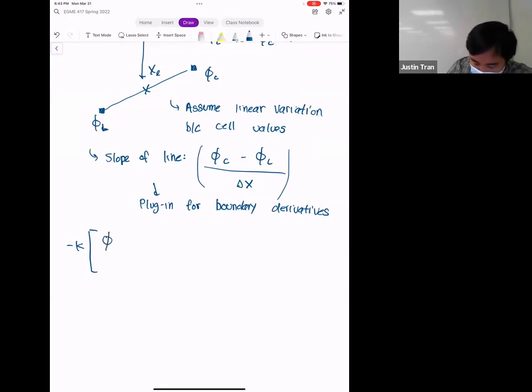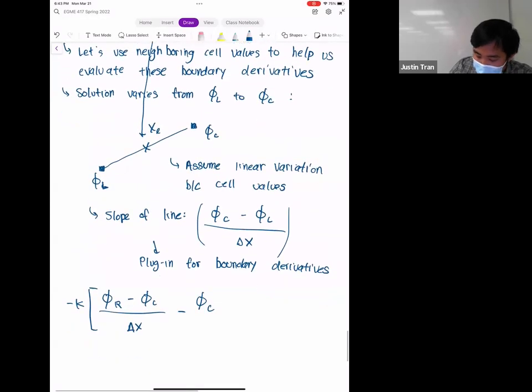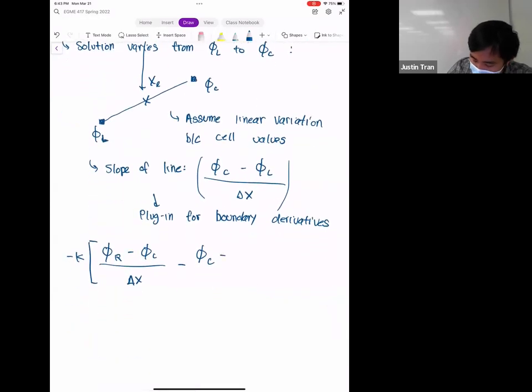If we replace that with our slope approximation, it's phi sub r minus phi sub c divided by delta x. Minus d phi dx at x sub L, so it's going to be phi sub c minus phi sub L all divided by delta x. This is going to be equal to q at x sub c times delta x.